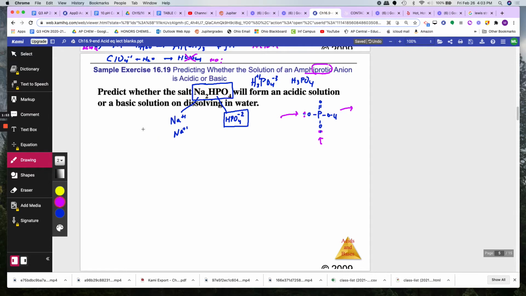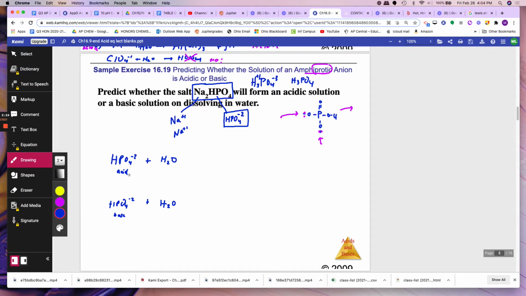Okay, so I'm going to write that here. HPO4 -2 can hydrolyze as an acid, and HPO4 -2 can also hydrolyze as a base.